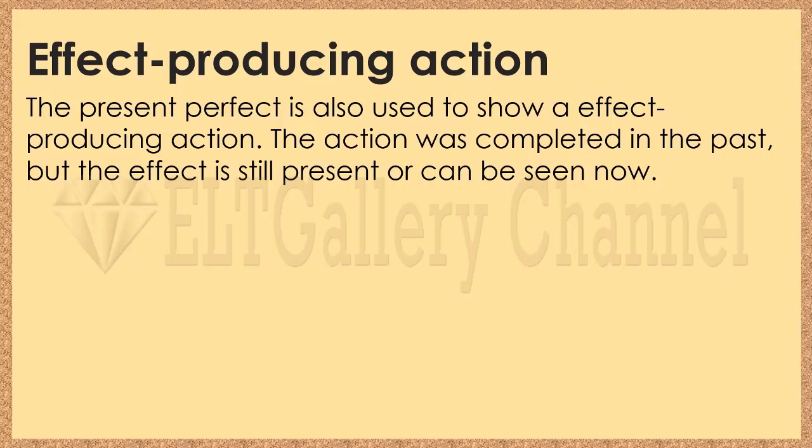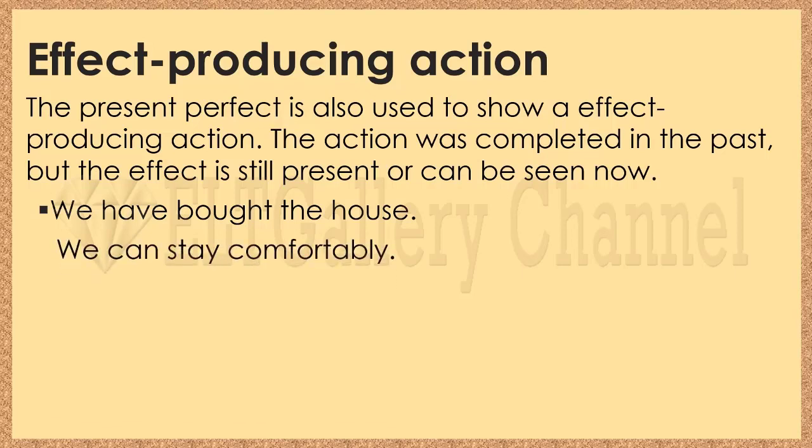In the second slide, I called that the past action with the current effect, current result. Here, we have bought the house. So the buying of the house is in the past, but the effect can still be seen now. And the effect is that we can stay comfortably now.